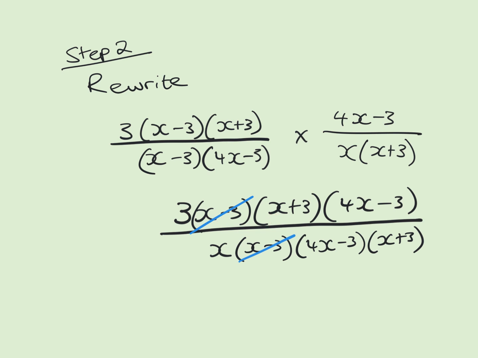Because they're products, we can. Okay, so then we can also cancel x plus 3, x plus 3. So I'm going to cancel them off. And then finally, we can see that we can cancel 4x minus 3, 4x minus 3. So that my final answer is going to be 3 over x.